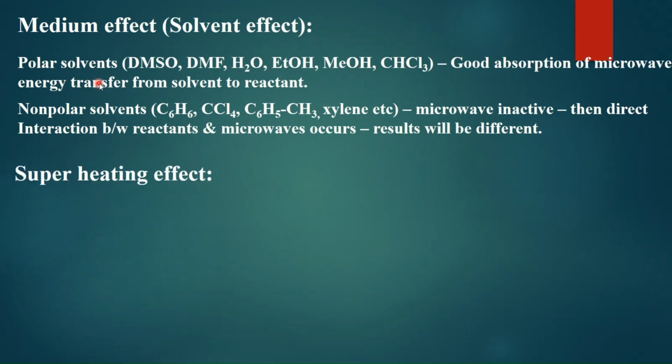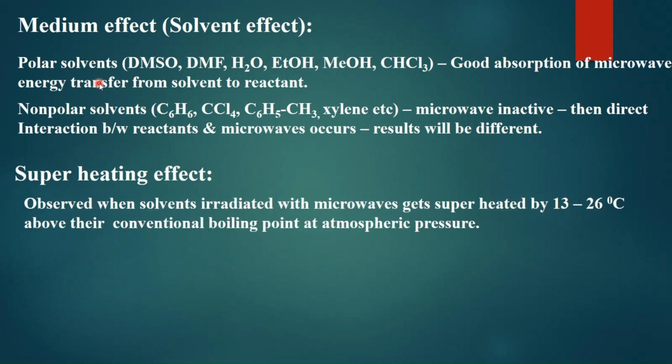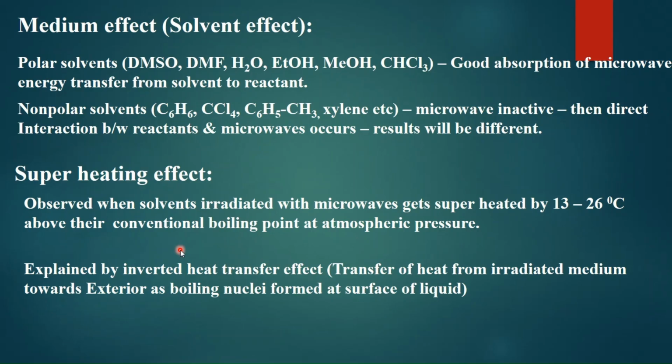Another effect which we see in microwave heating is the superheating effect. It is observed that when solvents are irradiated with microwaves, they are heated 13 to 26 degrees above the conventional boiling point at atmospheric pressure. This superheating is explained by the inverted heat transfer effect.